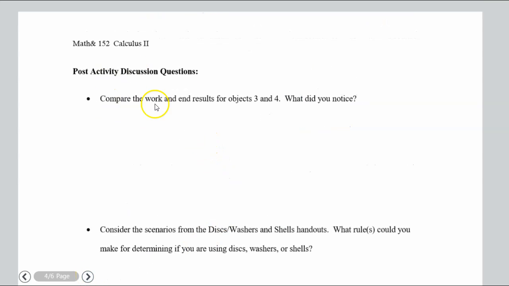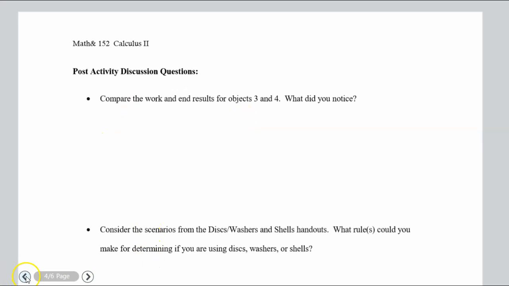Alright. Some things to think about, right? If you compare the work for objects 3 and 4, which were the green and the yellow, what did you notice? So, one, you might have noticed that shells for the green one is a lot easier than shells for the yellow.